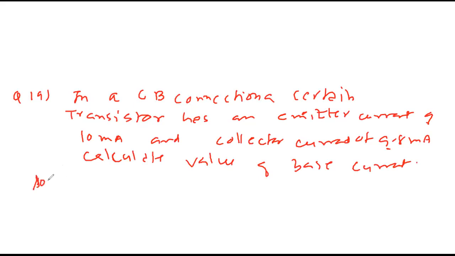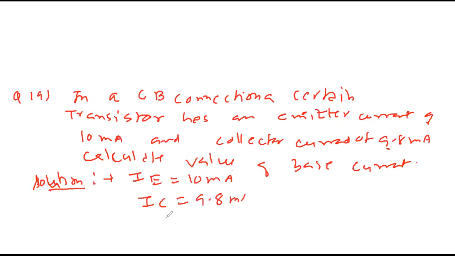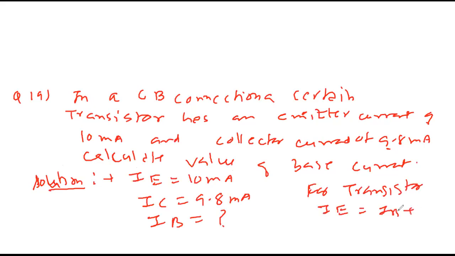See how simple the sum is. Emitter current IE is 10 milliampere. Collector current IC is 9.8 milliampere. Base current IB we want. For a transistor, whichever type it may be, always IE is IB plus IC.